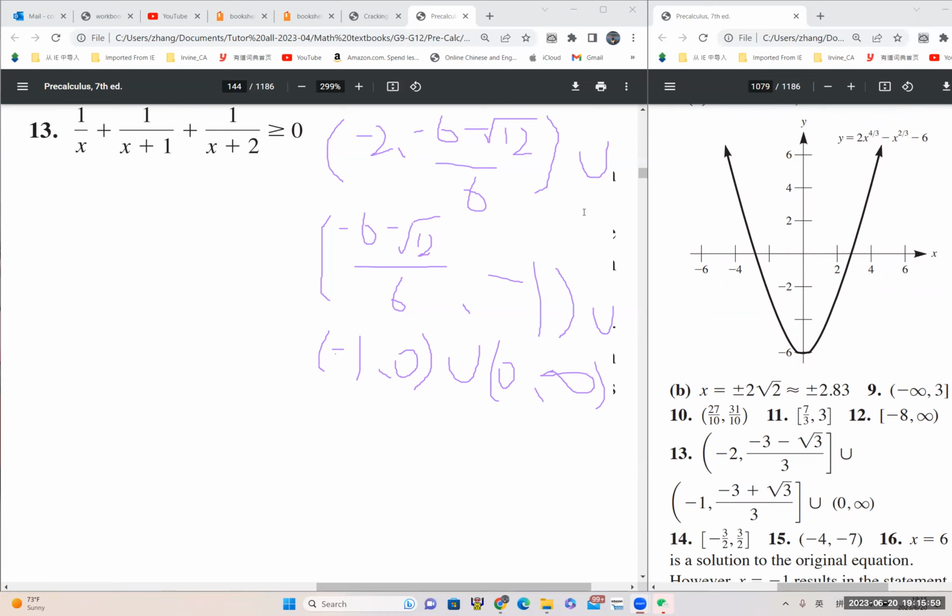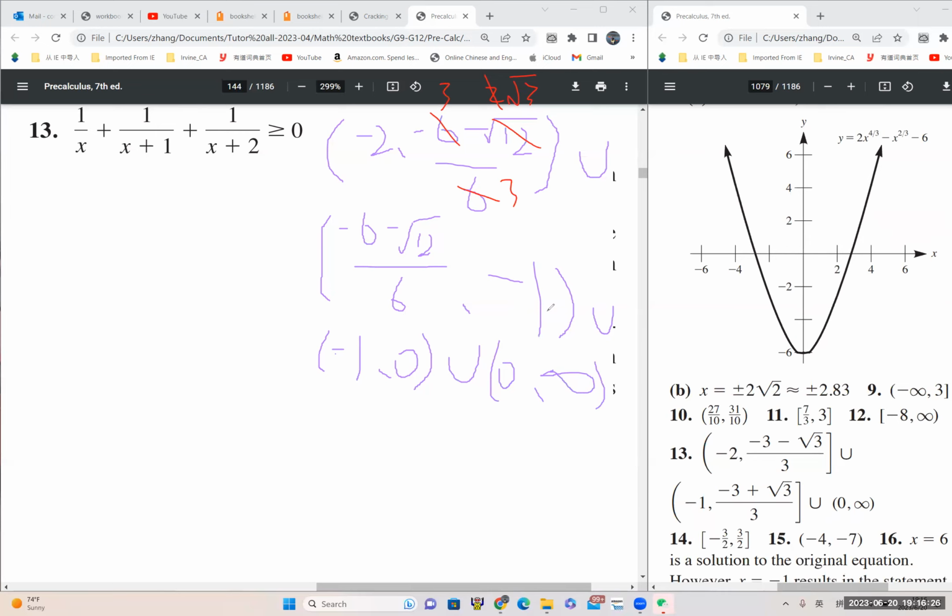Here, you can simplify it a little bit. This means 2 times the square root of 3, right? So you can cancel 2. Here goes to 3, here goes to 3, right? So it's correct. Then how about here?